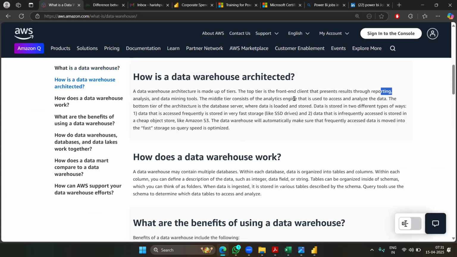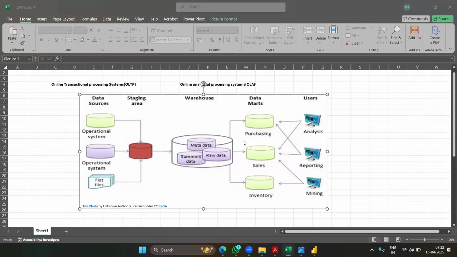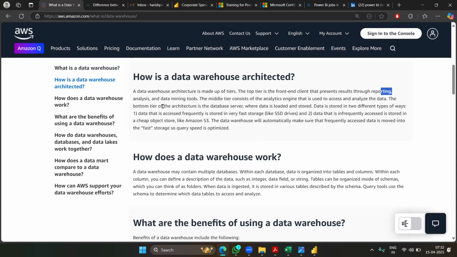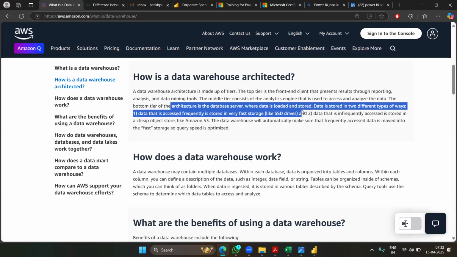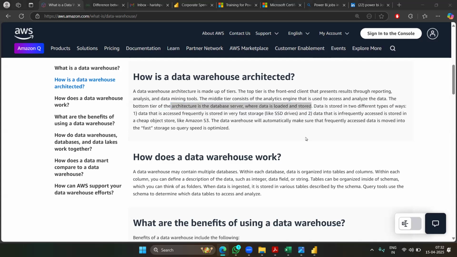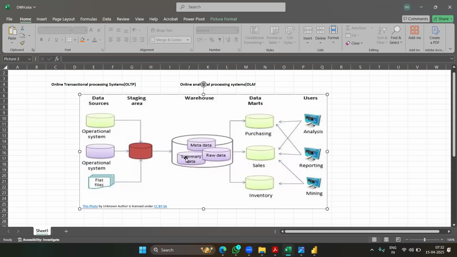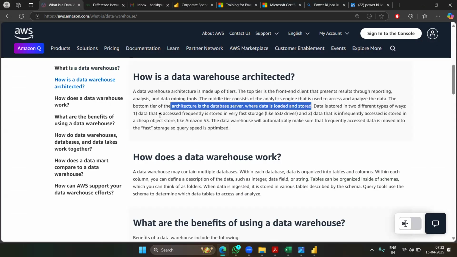The middle tier consists of the analytical engine that is used to access and analyze the data. And the bottom tier of the architecture is the database servers where data is loaded and stored, right? That's what we have here, all the databases. Data that is accessed frequently is stored very fast, and you have different things that can be stored, right?